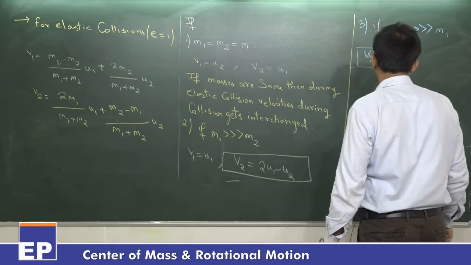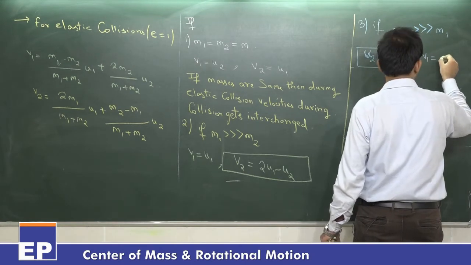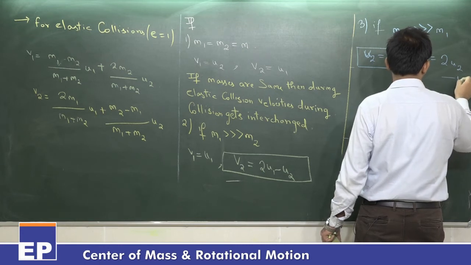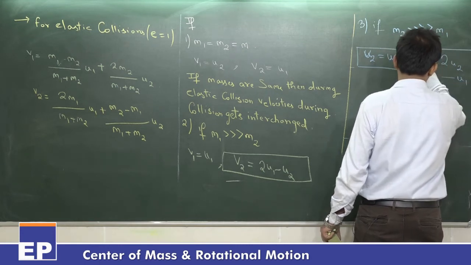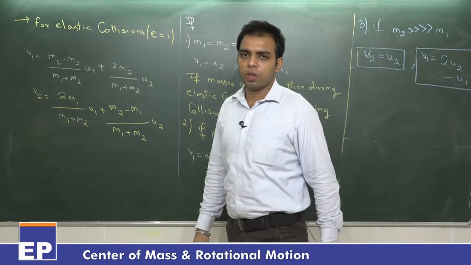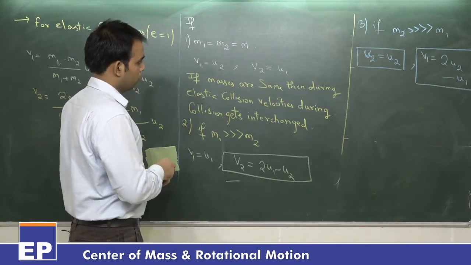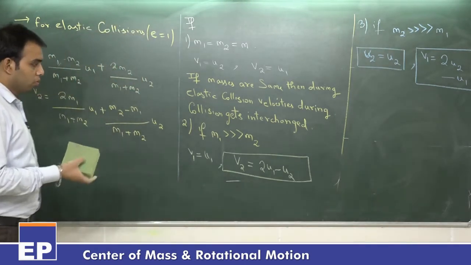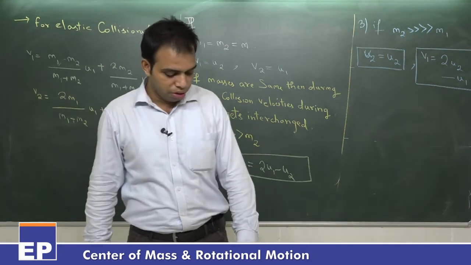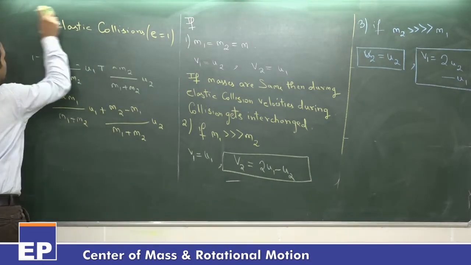And second, you can say v1 is equal to 2u2 minus u1. 2u2 minus u1, that is the thing, right? ये चीज आपको ध्यान में रखनी है for the elastic collisions and simply for the head-on elastic collisions.